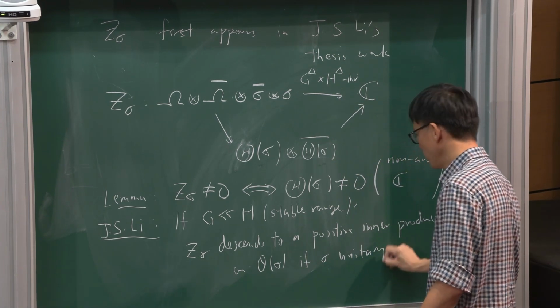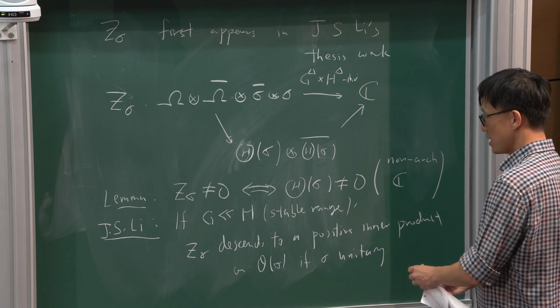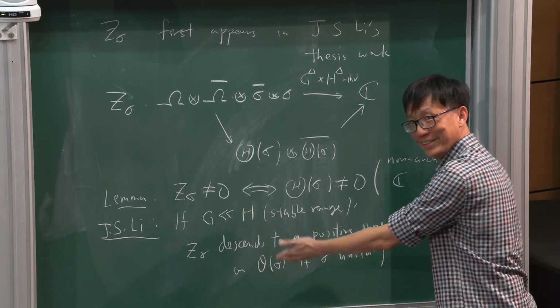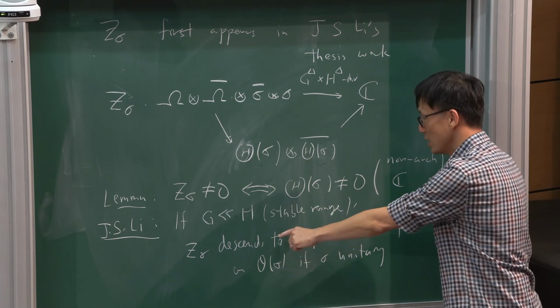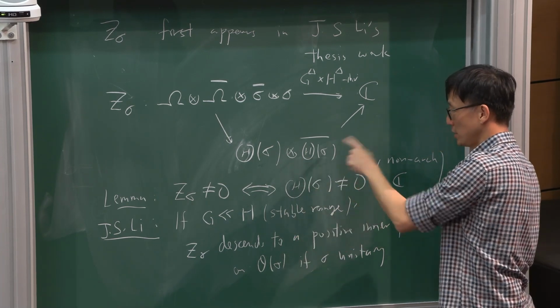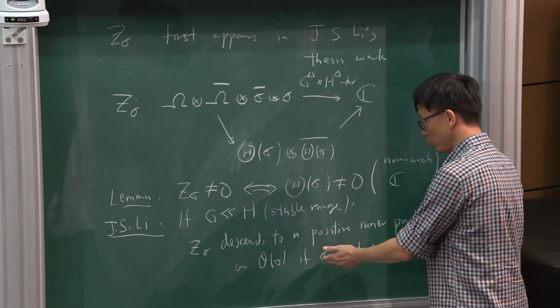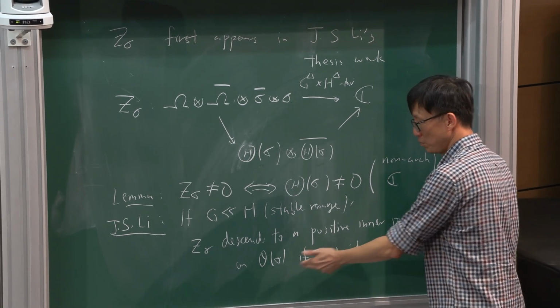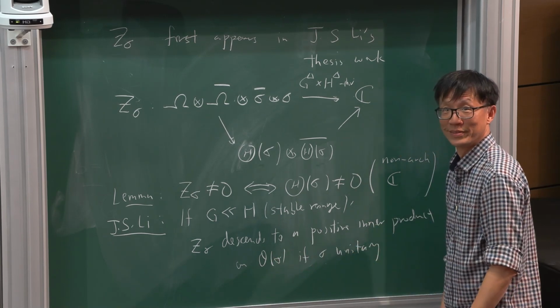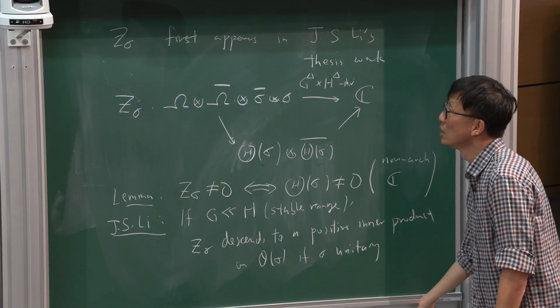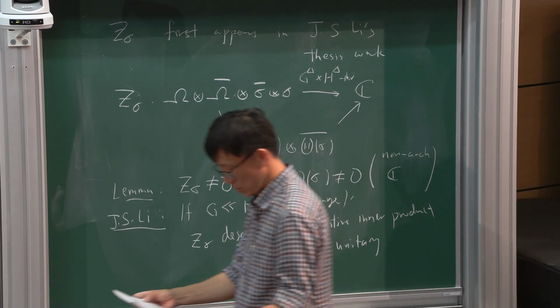So if you take in a unitary representation, under this hypothesis we know this is not 0, and this actually gives the unitary inner product. So the main result is that if you put a unitary representation as input, this is also unitary. That was why he considered this construction. So that's the unitary setting.